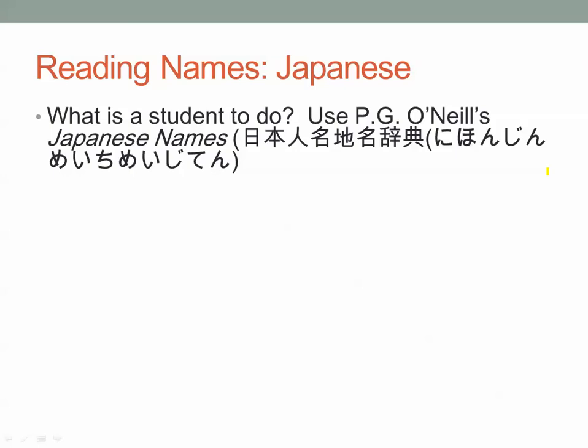Well, as I mentioned when we were looking at bibliographies, if a Japanese person uses a Japanese source and wants to cite it but doesn't know how to read the name out loud, it doesn't matter because all he or she has to do is recreate the kanji on the page. But for us, outside of Japan, when we're writing a bibliography, for example, or a footnote, and we're citing it, we need to provide the romanization and the kanji. And so we often have to go the extra mile to figure out how to read a name.